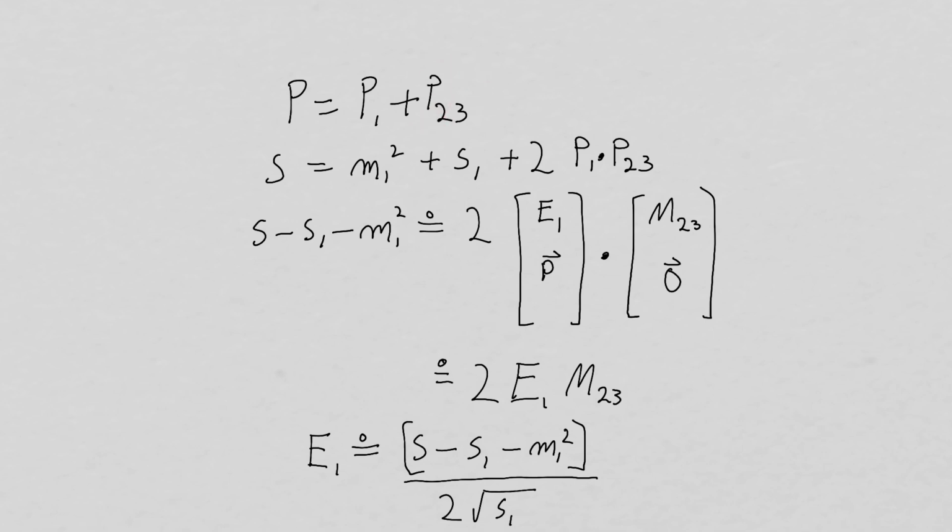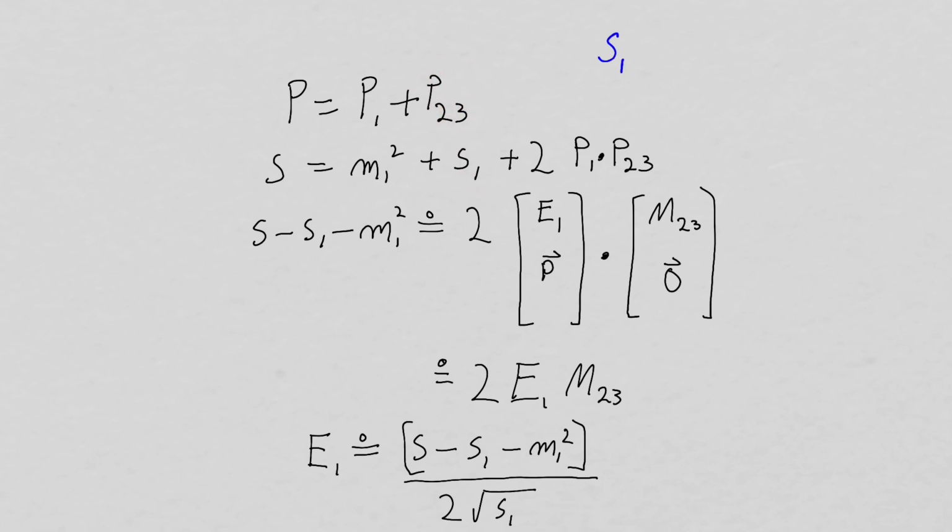And so if I square this, I get P squared, which is the parent particle 4-momentum squared, but that's just what we're calling S, right? That's the S invariant. P1 squared is M1 squared. P23 squared is S1, right?